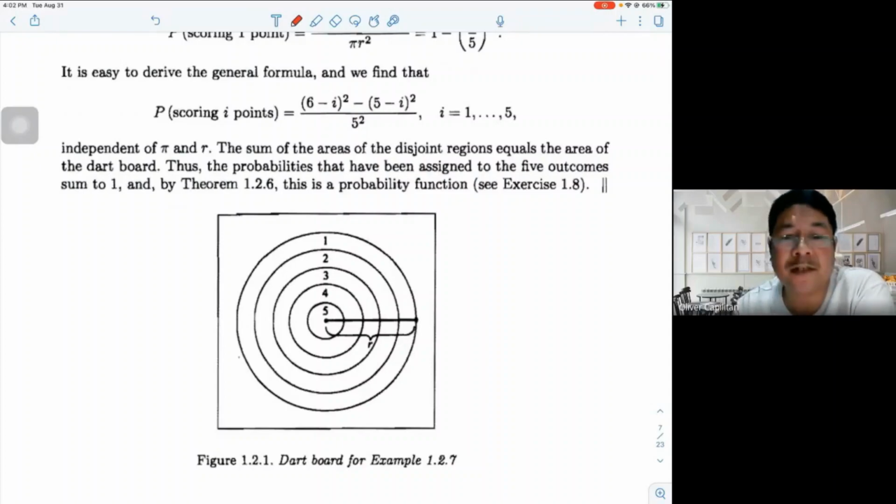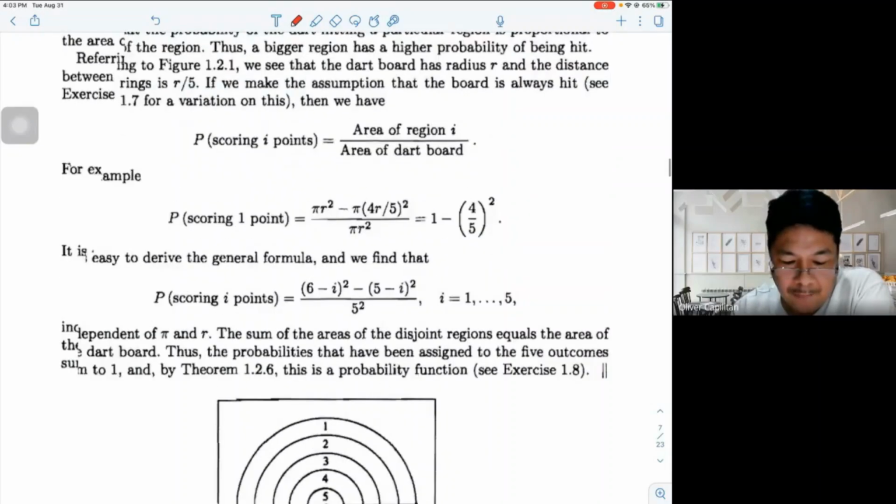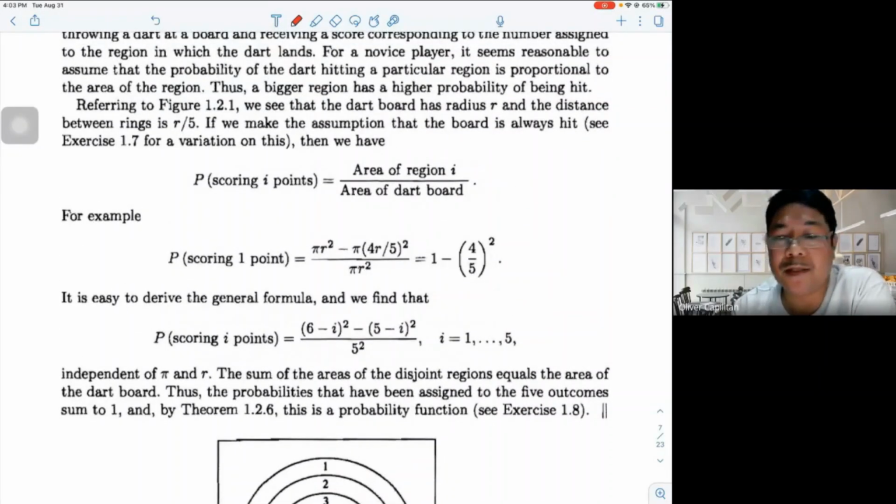We have the inner circle here, that's for region 5. And the next circle, which is outside the inner circle, that's region 4, and so on, for region 3 and region 2. According to this figure, the circle has radius r. So obviously, the distance between rings is equal to r over 5.